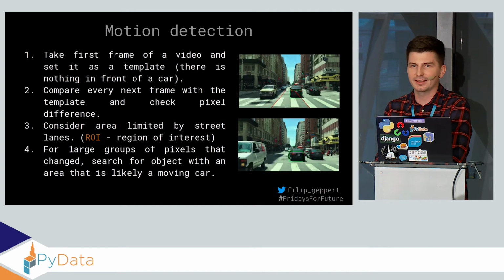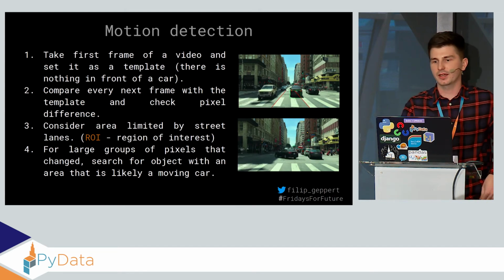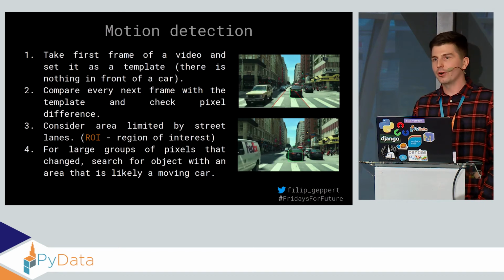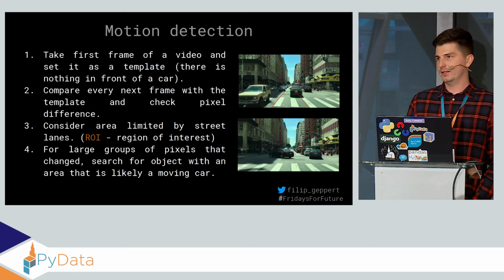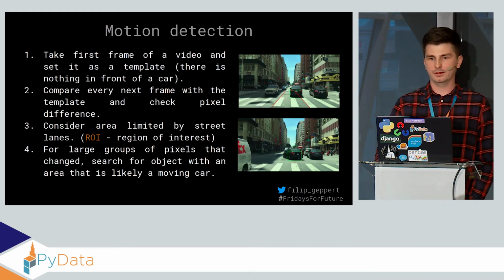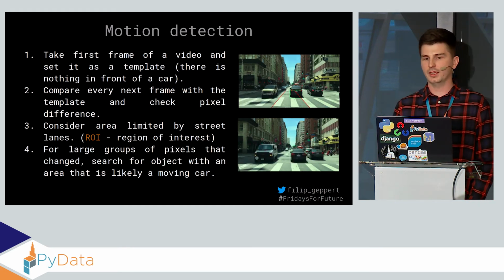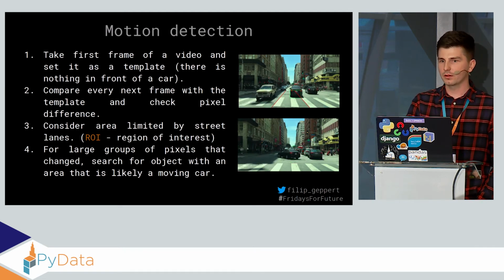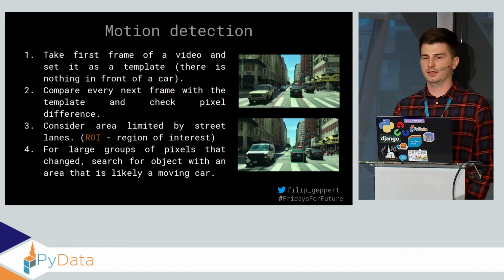Second project, second exercise for the stock, the motion detector. The procedure is the following. From now on, you should think of any video as a sequence of images that we can analyze in a loop. For our project, we are going to take the first frame of the video, where we know that there is nothing in front of us, and consider it as a template.